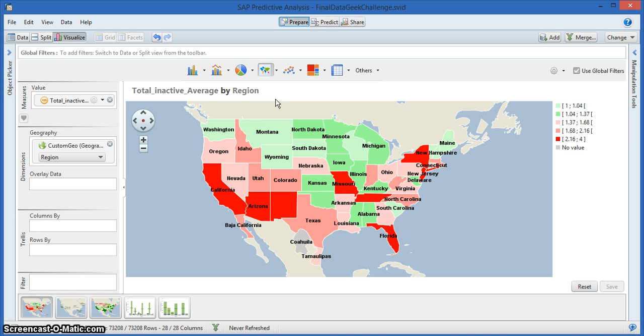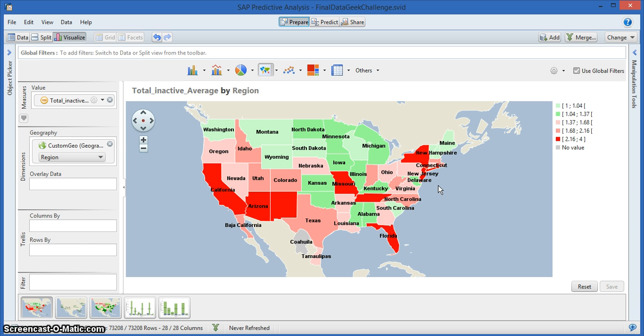So that's what's shown here. As you can see, the most inactive customers on average in each state are in California, Arizona, New Mexico, Florida, Tennessee, Missouri, New York, and New Jersey, and actually Connecticut as well, as you can see right here. Or no, Rhode Island.